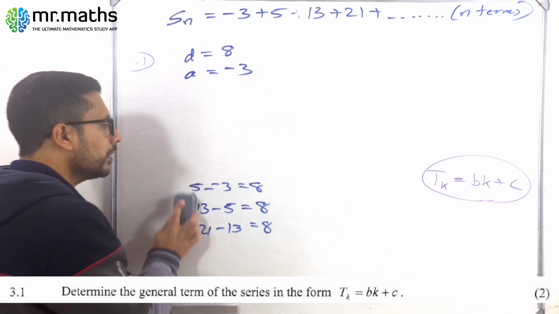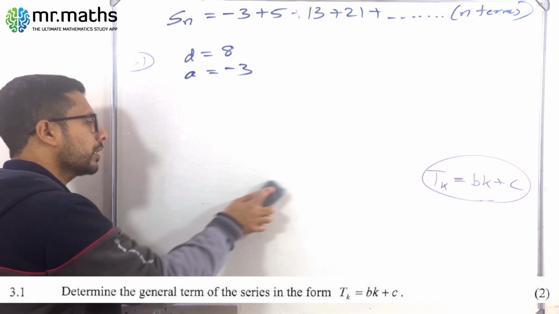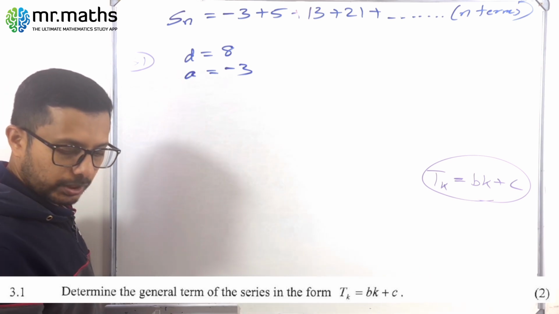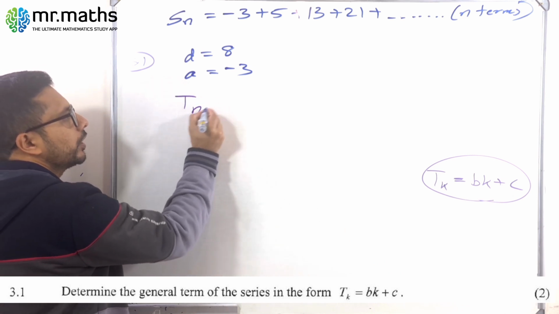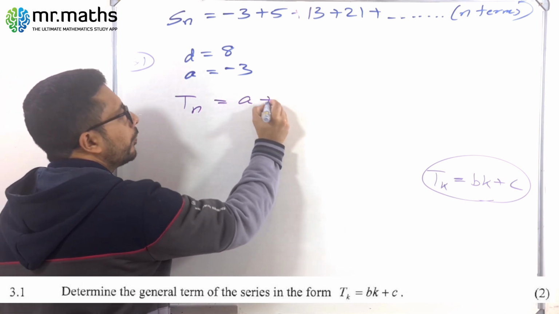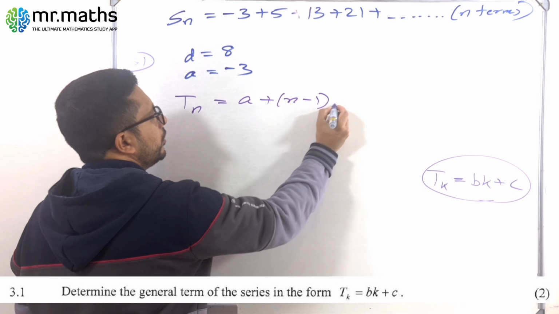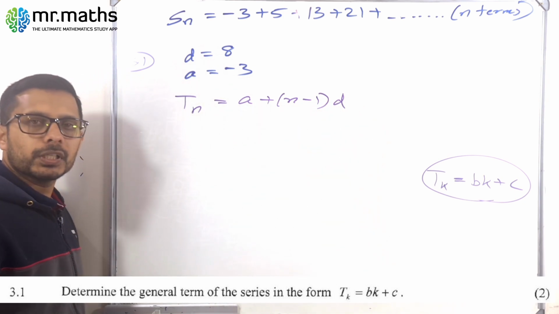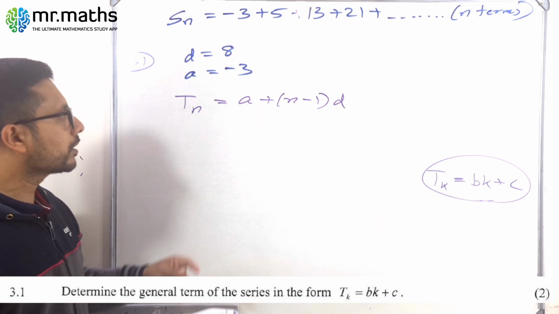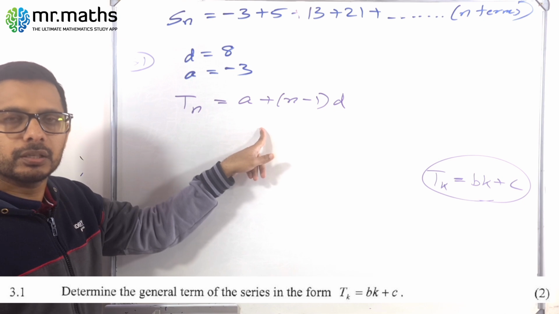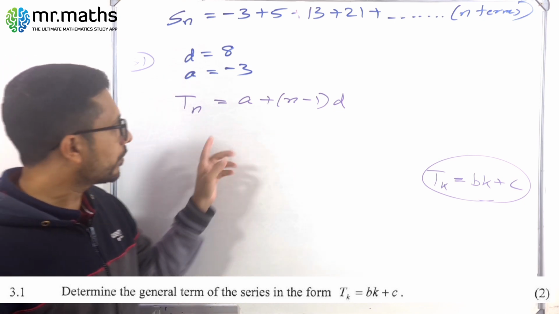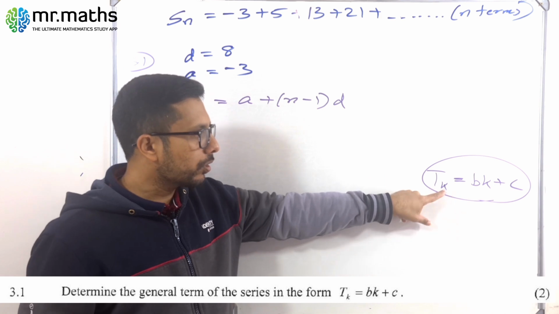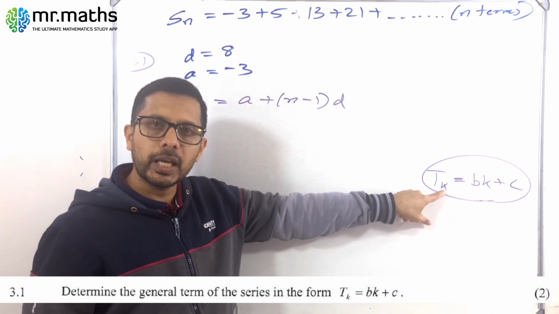The question is to find the general term. If it is an arithmetic sequence, what is the formula to find the general term? You know the formula you studied: Tn is equal to a plus n minus 1 into d. This is the formula that almost all schools follow. The only difference in this question is that instead of n they wrote k.